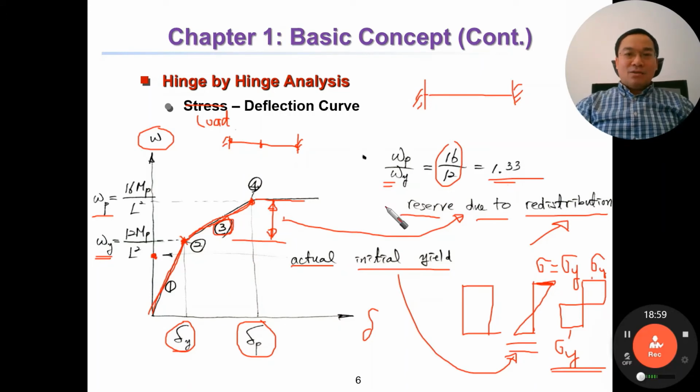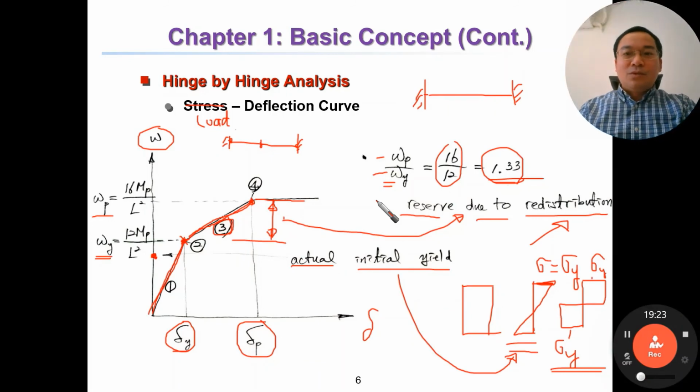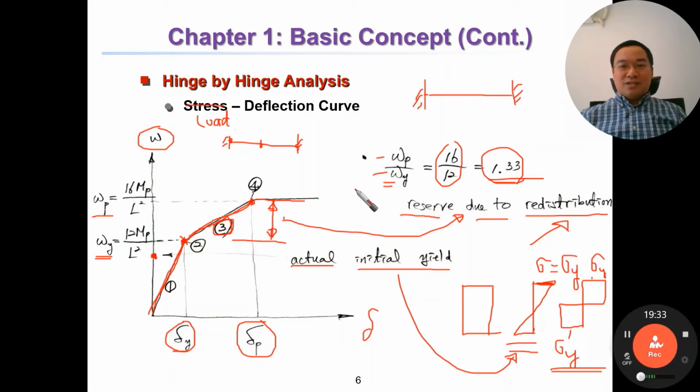In this case, the ratio is 1.33. So now we can understand the difference between plastic analysis and elastic analysis, right? They are different due to redistribution of the force and of the stress.